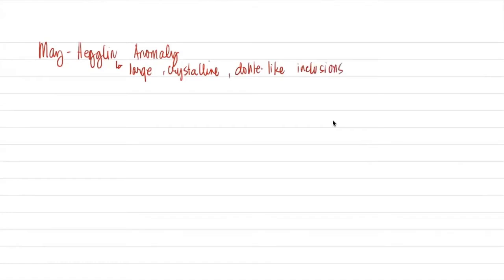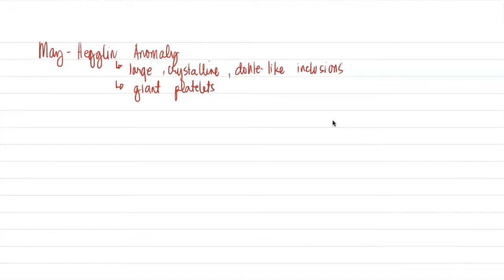May-Hegglin anomaly is also one of the disorders characterized by giant platelets. Because the platelets are larger than normal, they are not counted as platelets, especially if the principle used is electrical impedance. Remember that with electrical impedance, we differentiate cells based on their size.